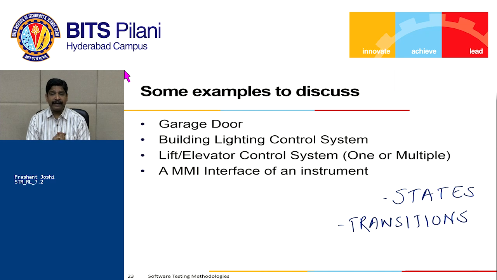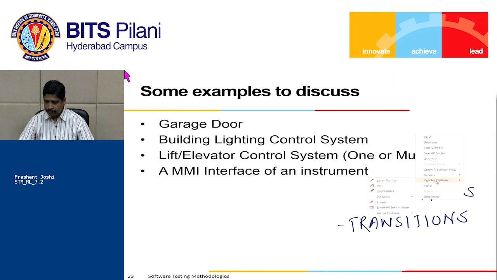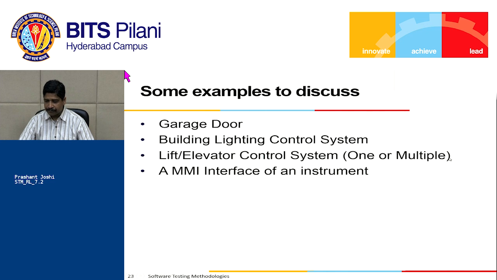Let's look at the building lighting control system. If it's an apartment complex, it has a lot of lighting control. We'll have architectural lighting. Let's put together a few things that we understand around the building lighting control system. We have architecture lights.